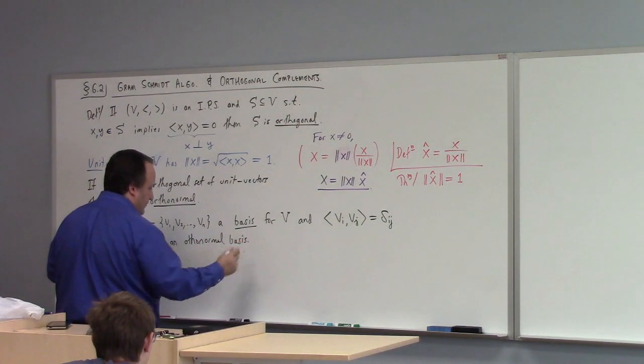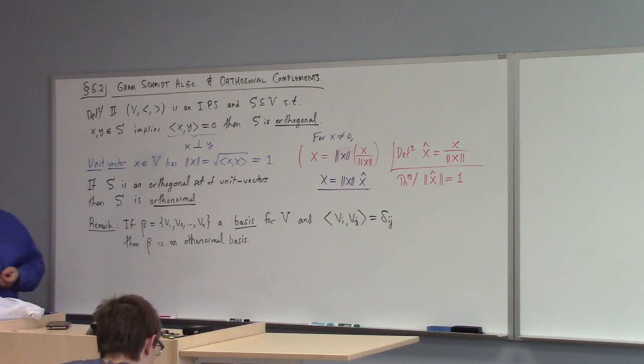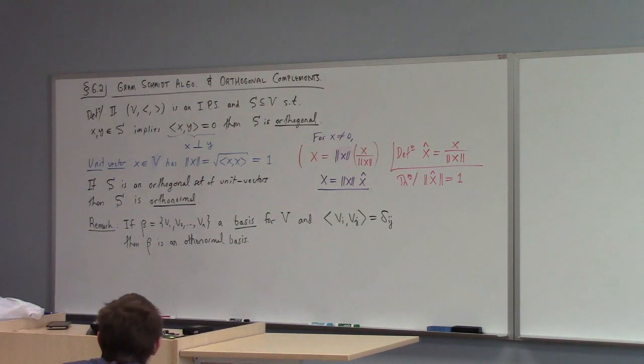So what would an orthonormal basis mean? I mean, the book defines it at the start of section 6.2, but it is simply a basis which is also orthonormal.